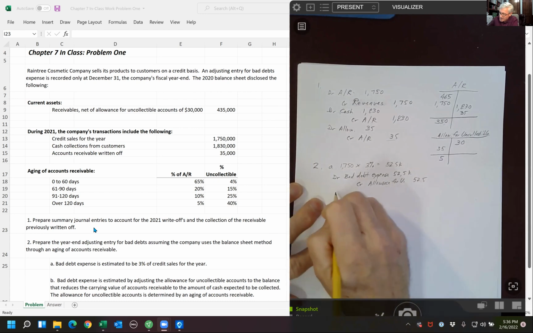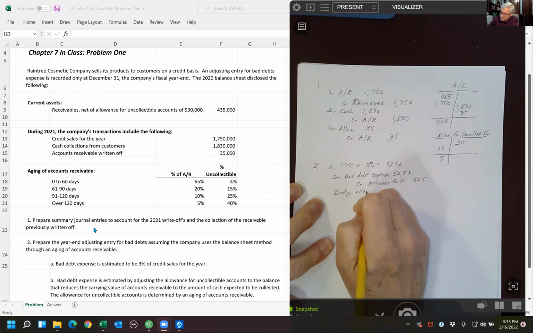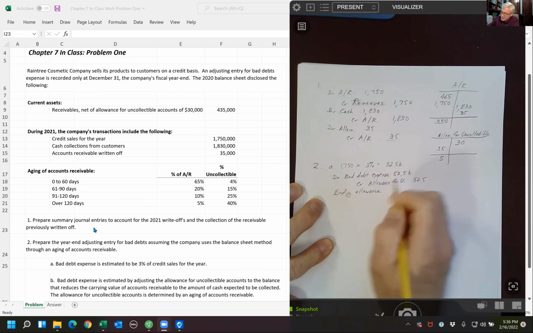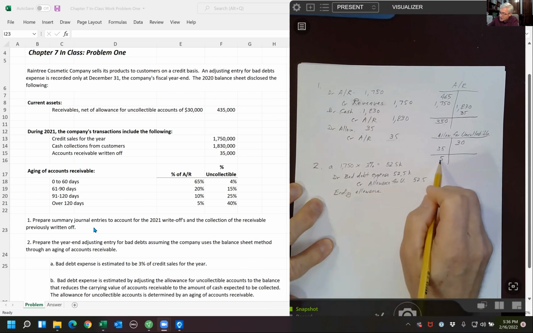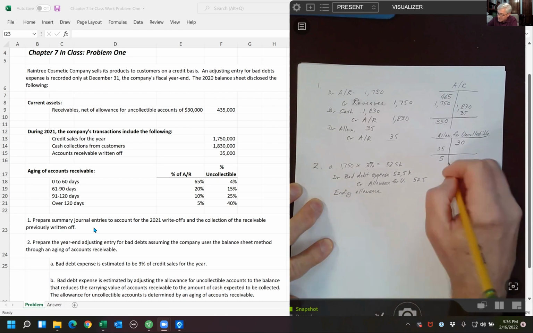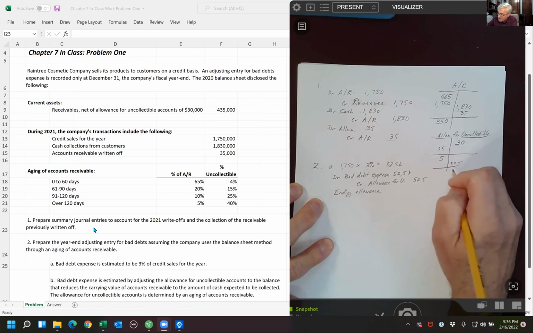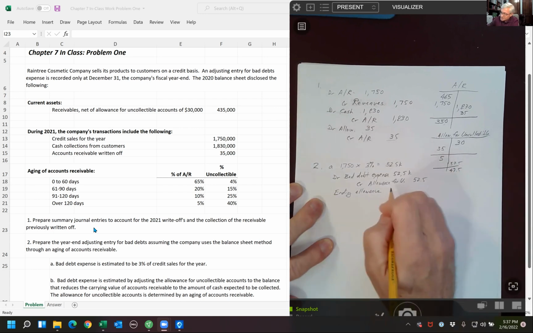Now, what's my ending allowance? It's going to be, so now we have a credit sitting over there, 52.5 minus a debit. We can just do it here if you want, 52.5. And so I've now got 47.5 thousand.